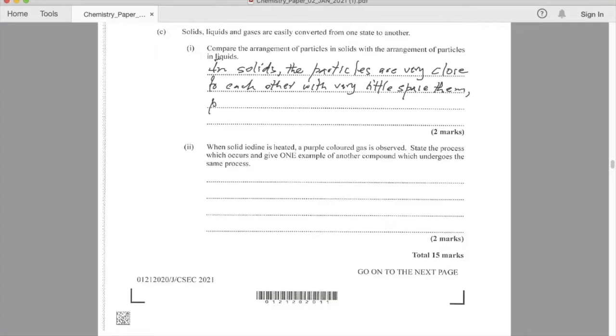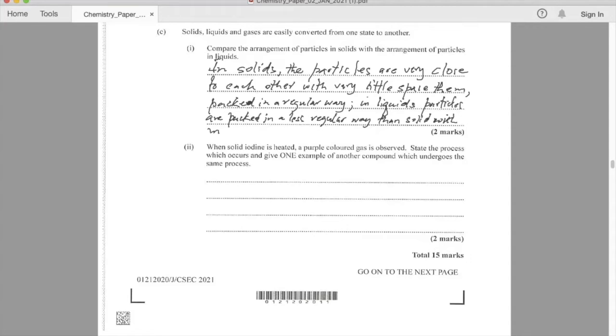We could say packed in a regular way. And then in liquids, the particles are packed in a less regular way than solids, with more spaces between them, for 2 marks.